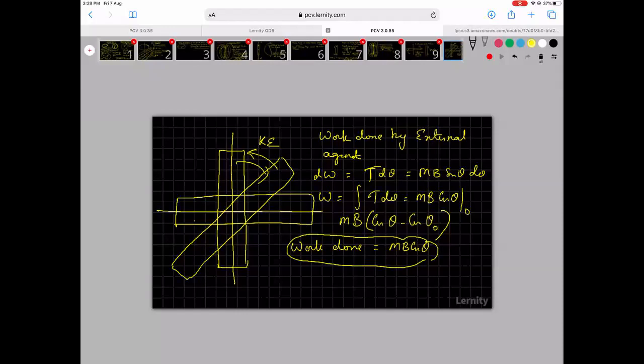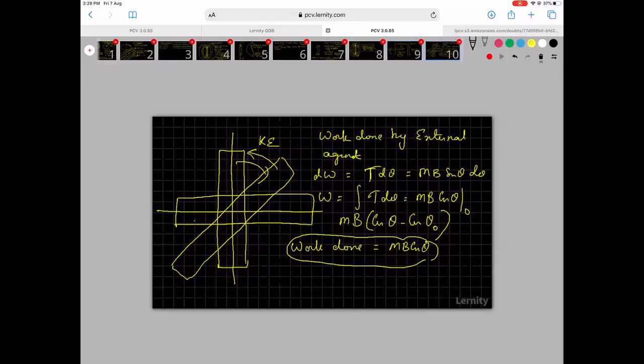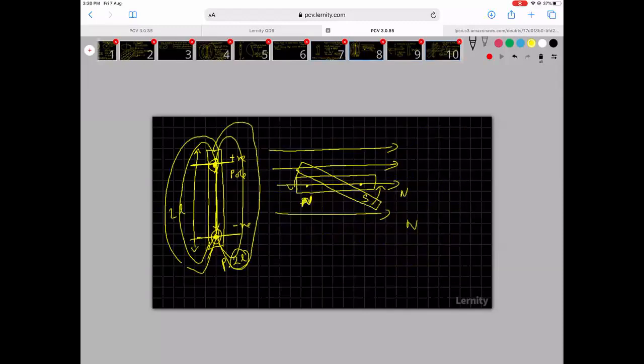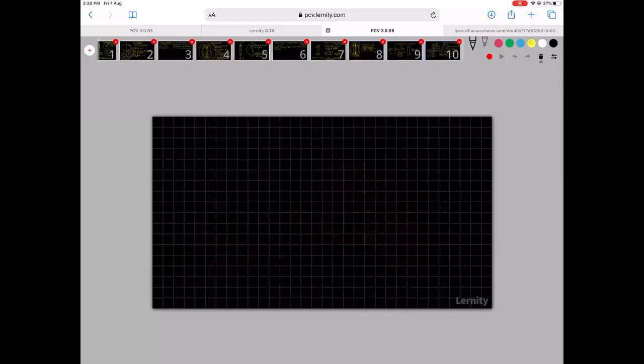Okay, so this is the first slide that I was trying to show, saying that there is going to be a torque acting on it. This is the next slide I was trying to show, where I was trying to tell you that I did something wrong. Before that, there is a torque acting on it.